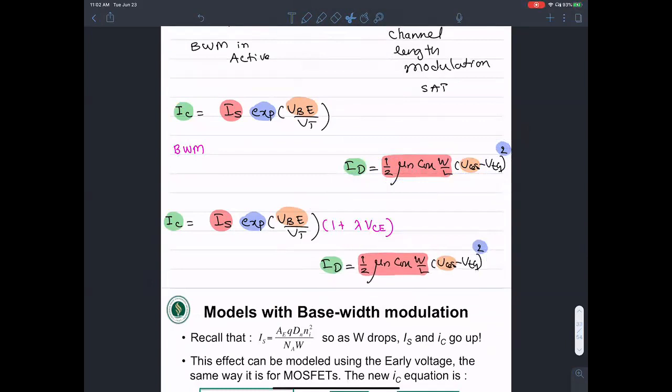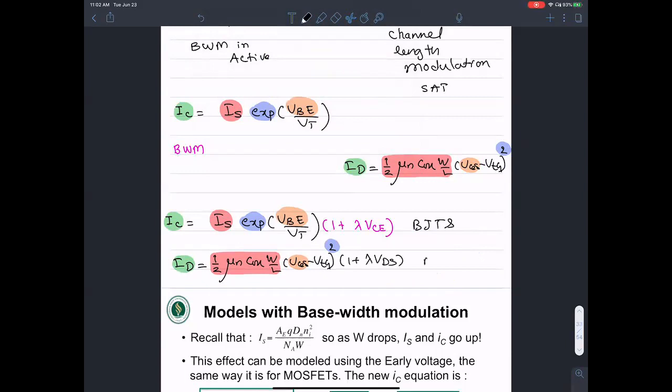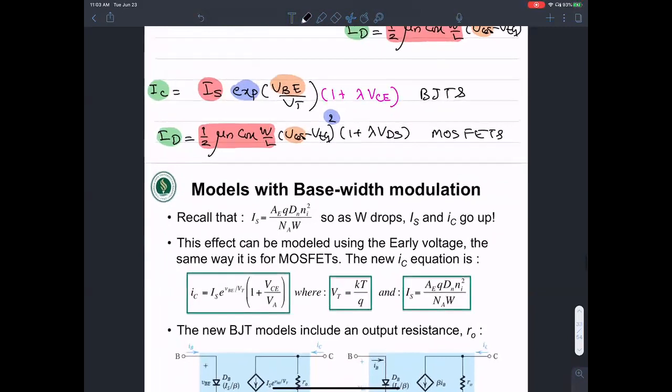okay, so this guy is for BJTs. For MOSFET, how do you incorporate the channel length modulation? You simply multiply that by 1 plus lambda VDS. So you can see that there is an undeniable relationship, similarity.